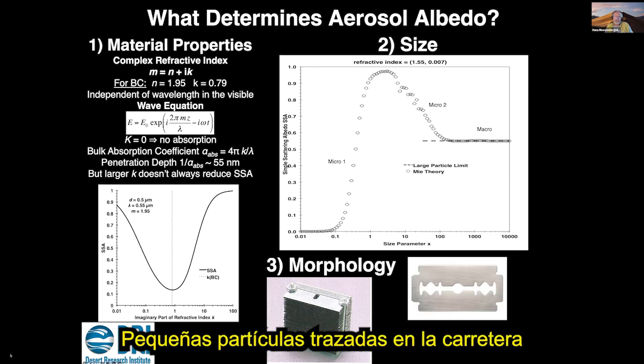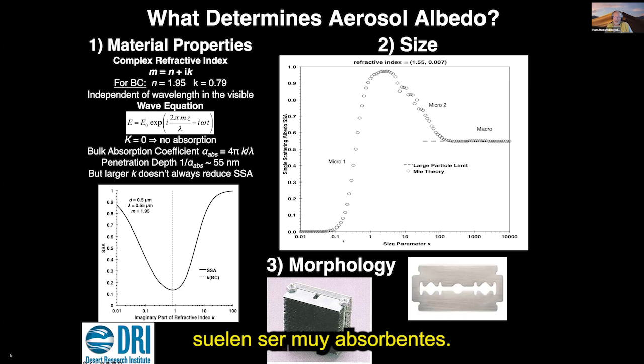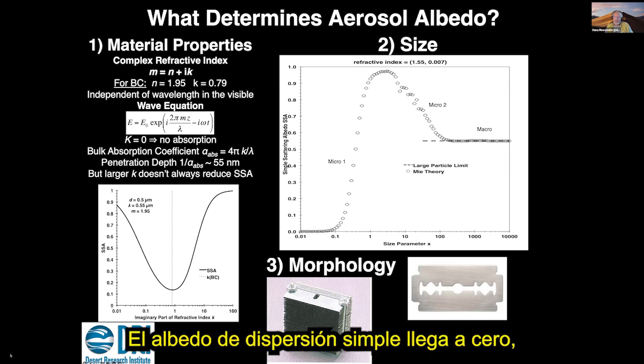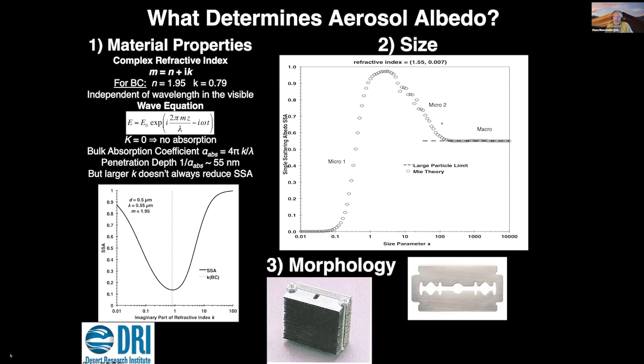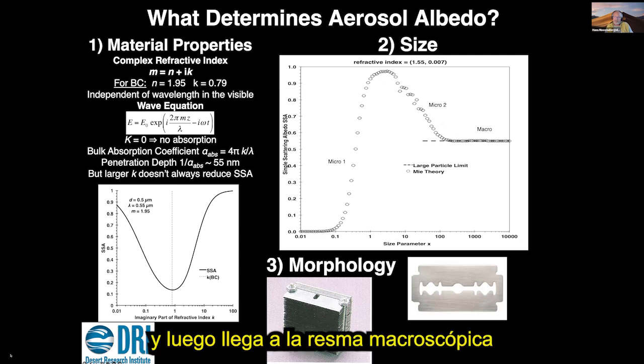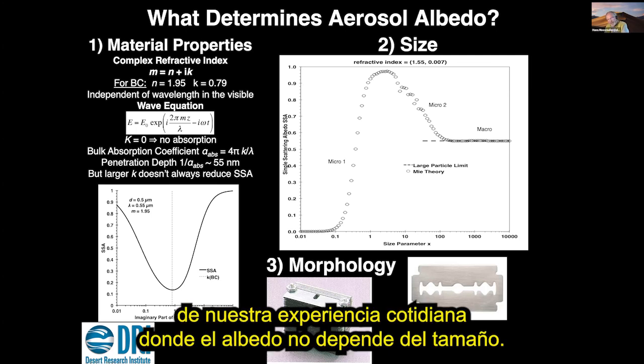Then it also depends on the size of the particles. So, small particles, here plotted on the right, are generally very absorbing. The single scattering albedo goes to 0, then it increases and it peaks, and then it gets to the macroscopic realm of our everyday experience, where the albedo is not depending on size.